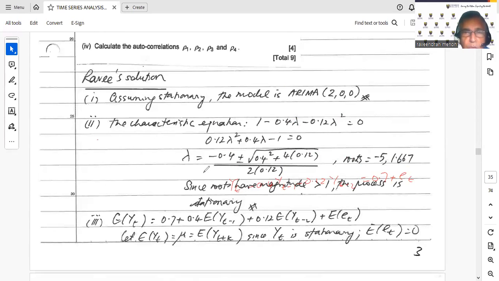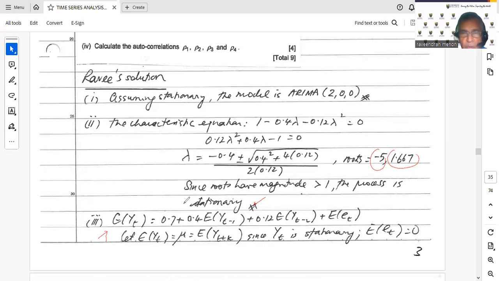I've used minus b plus or minus the square root of b squared minus 4ac over 2a, and I get my roots. Since the roots have magnitude bigger than 1, we have minus 5 and 1.6667, the process is stationary. Great.